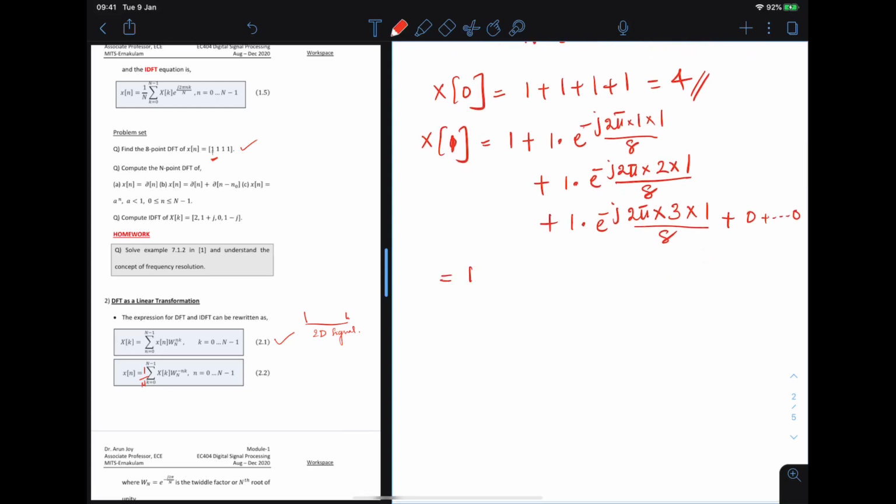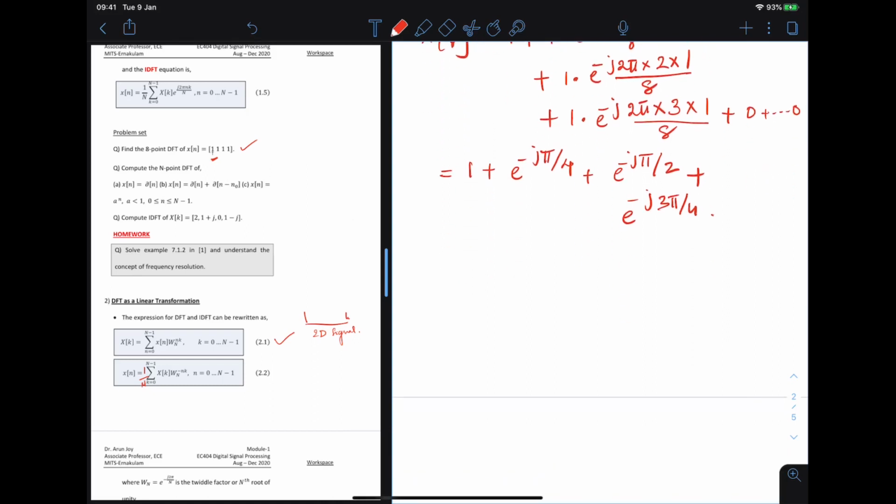That is, I can write it as 1 plus e raised to minus j pi by 4 plus e raised to minus j pi by 2 plus e raised to minus j 3 pi by 4. That's it.